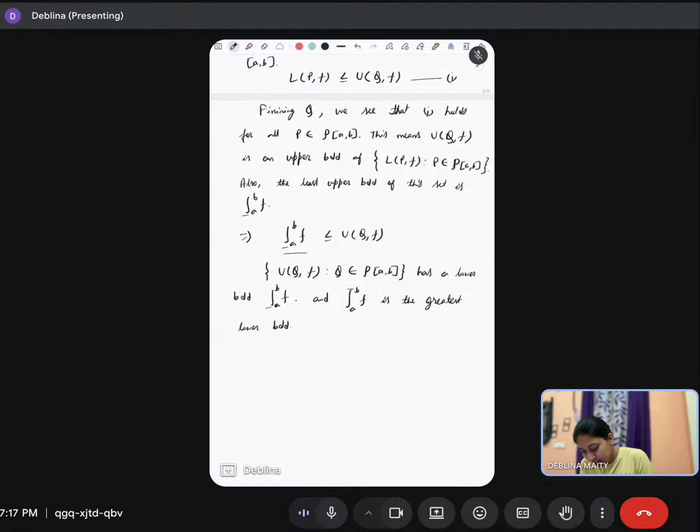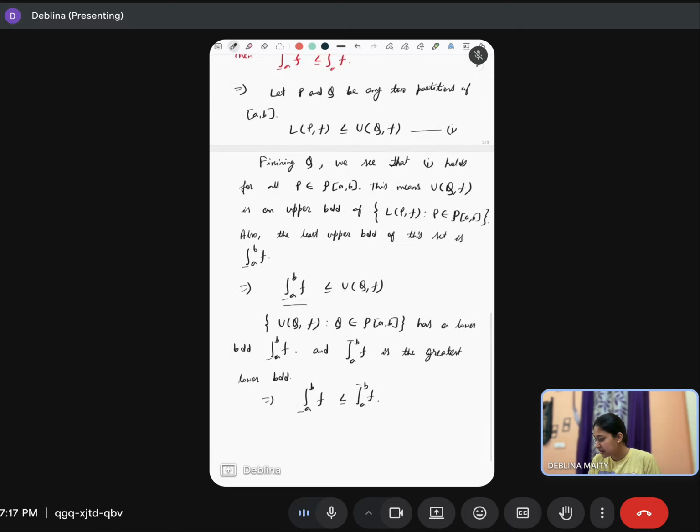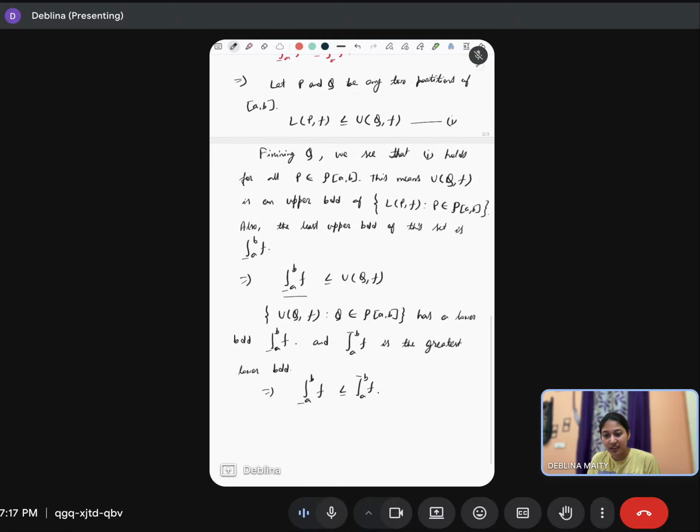So this will imply that it is less than or equal to the integral from a to b of f, right? So hence this theorem is proved. So the lower sum is always less than or equal to the upper sum.